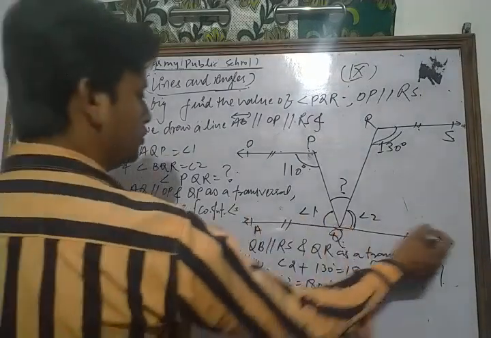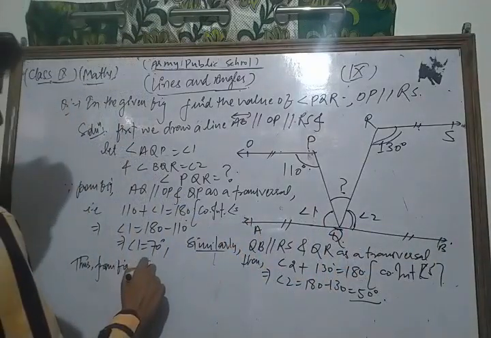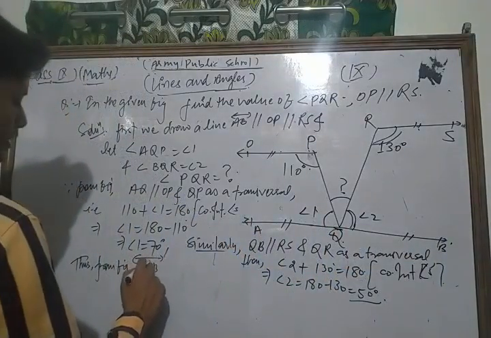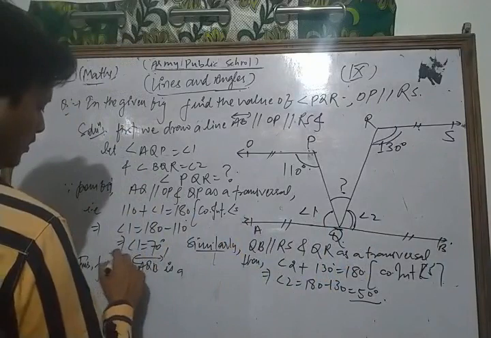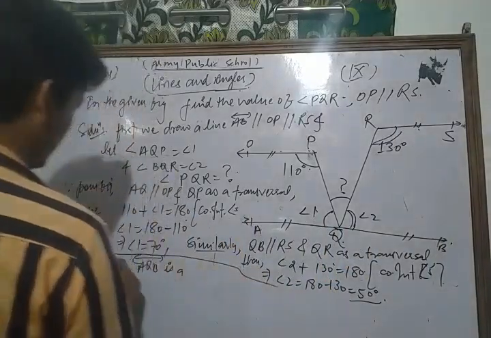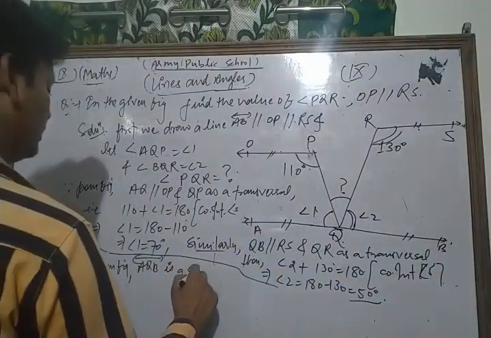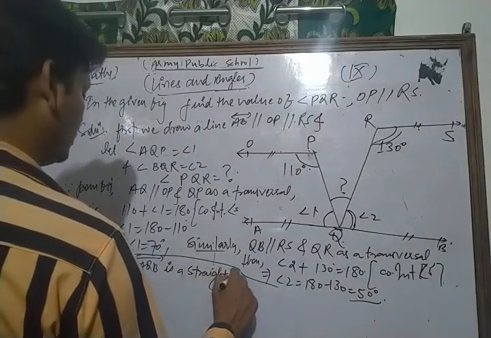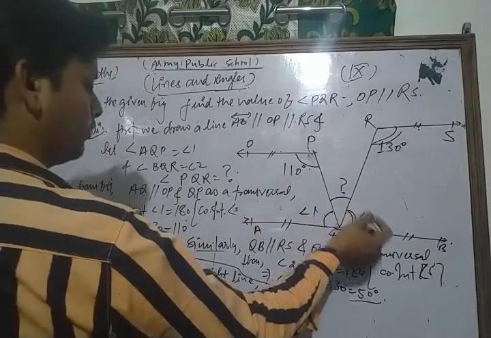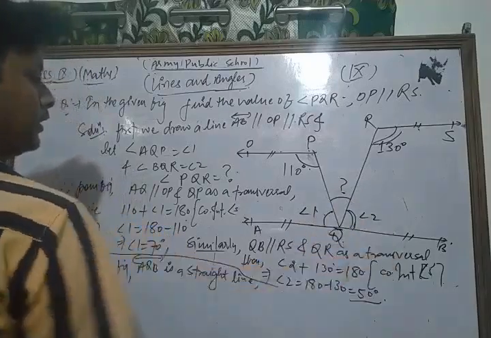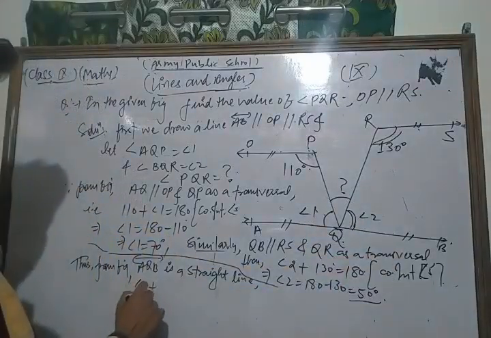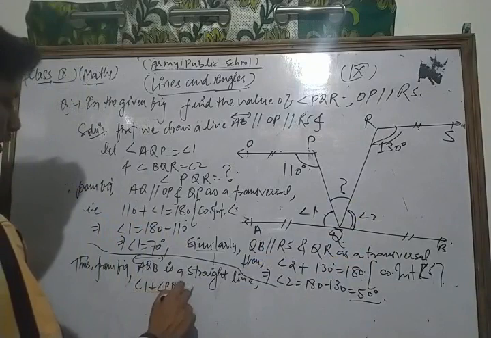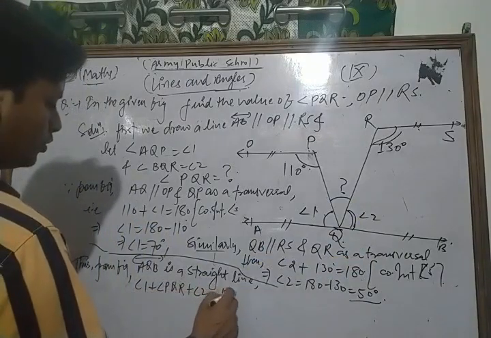Now from the figure, AQB is a straight line, so the sum of all angles is equal to 180. That is, angle 1 plus angle PQR plus angle 2 is equal to 180.